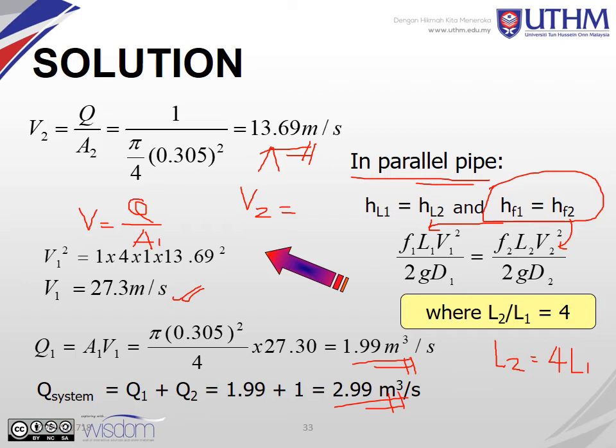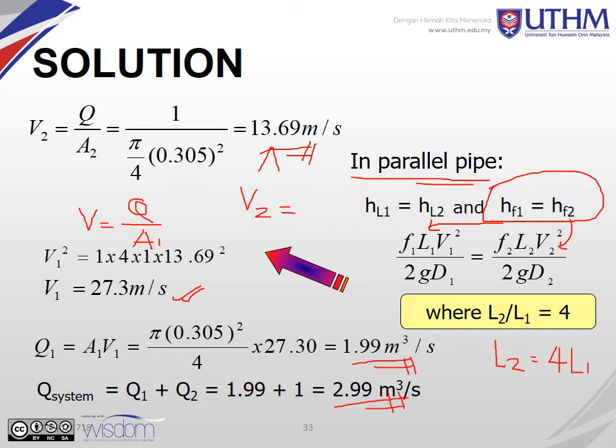From this one, we solve this equation to get the velocity. So the velocity term is V squared over 2gD, so we get the L here, this one. We know that Q is this one, Q is Q1.